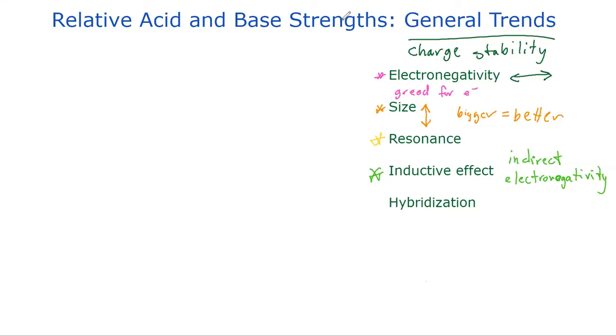And as an example, let's consider the difference in the acidity of trifluoroacetic acid versus acetic acid, which just has hydrogens.